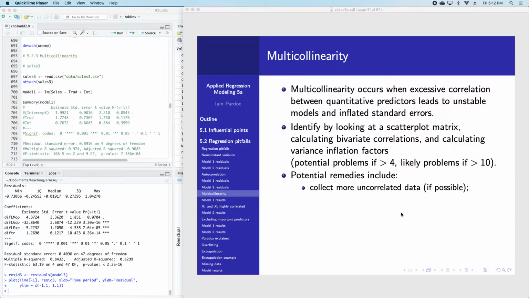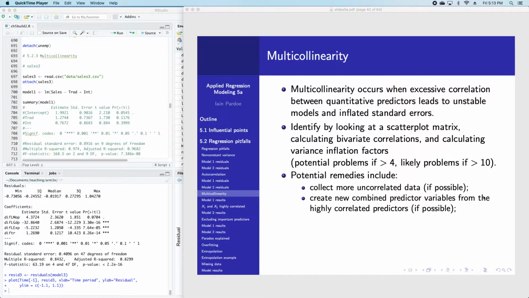So if, say, we've identified a multicollinearity problem between x1 and x2, we could try and go out and collect more data such that there's not such a high correlation between x1 and x2 in our sample. That's a bit of a big ask in many cases, and it's probably not going to be possible in most cases to do this, but if it is possible, it's an ideal solution.